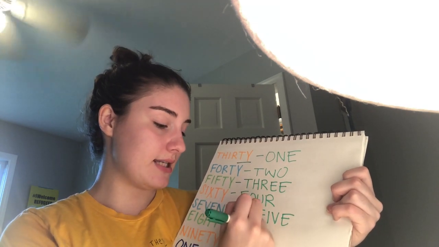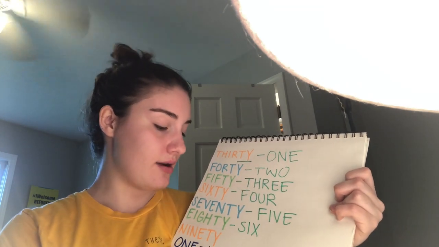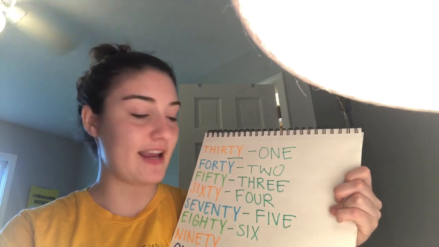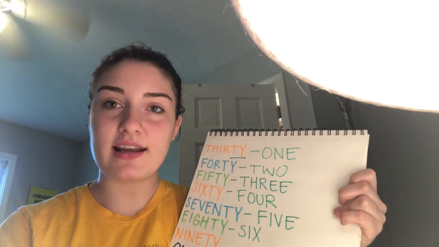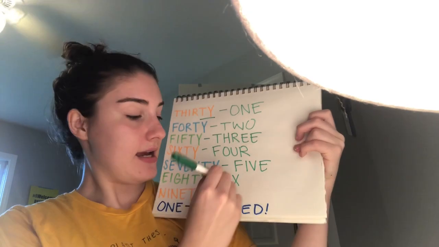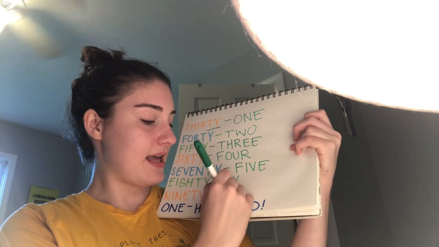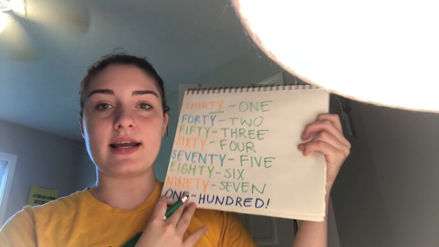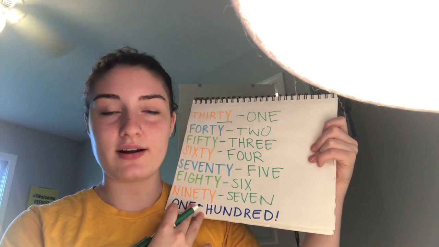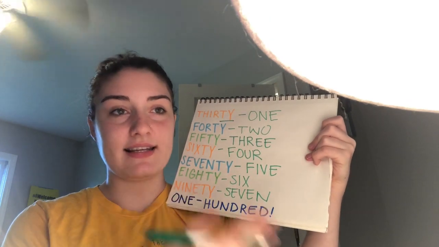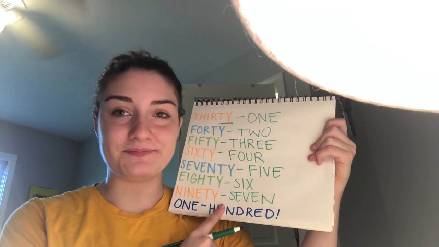And we'll do 86 here. So 81, 82, 83, 84, 85, 86, 87, 88, 89, 90, which is down here. And then we'll do 97. So 91, 92, 93, 94, 95, 96, 97, 98, 99, 100.